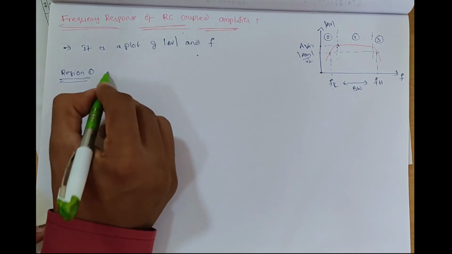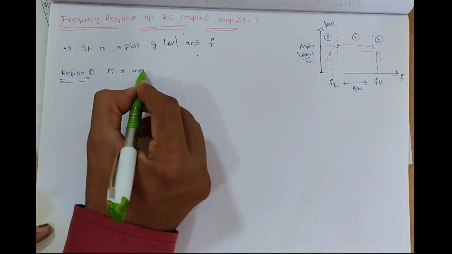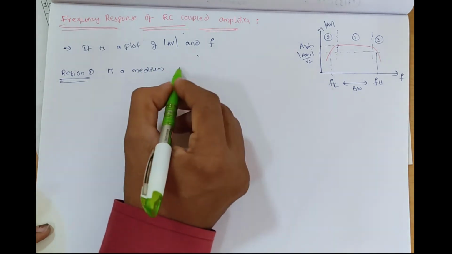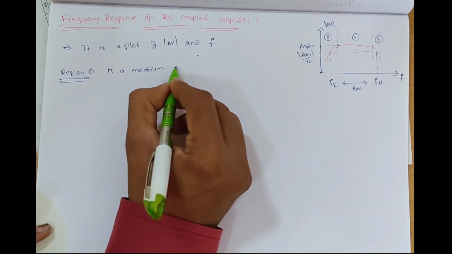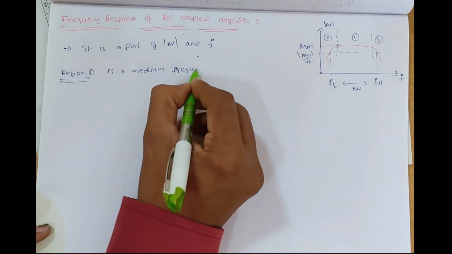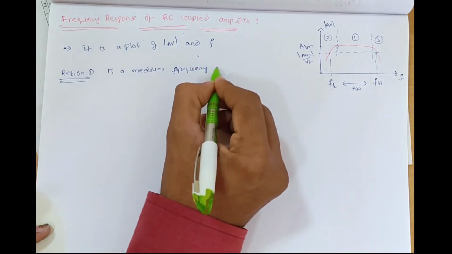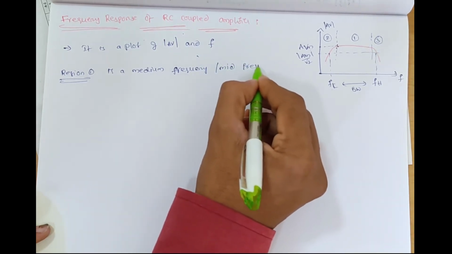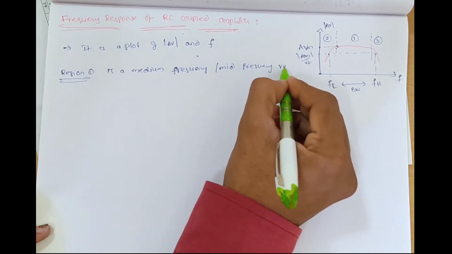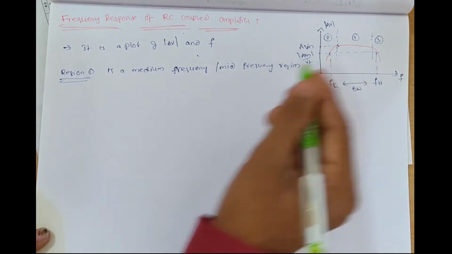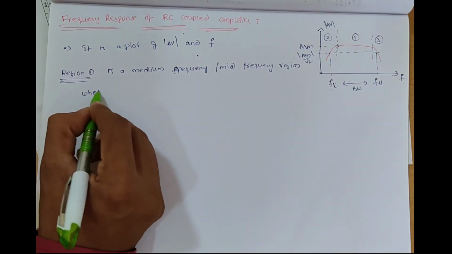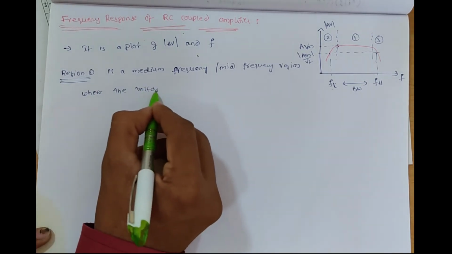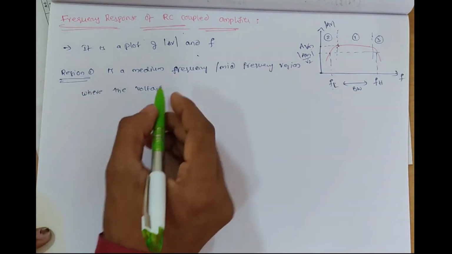Region 1 is the medium or mid frequency region, where the voltage gain is constant and at its maximum value.